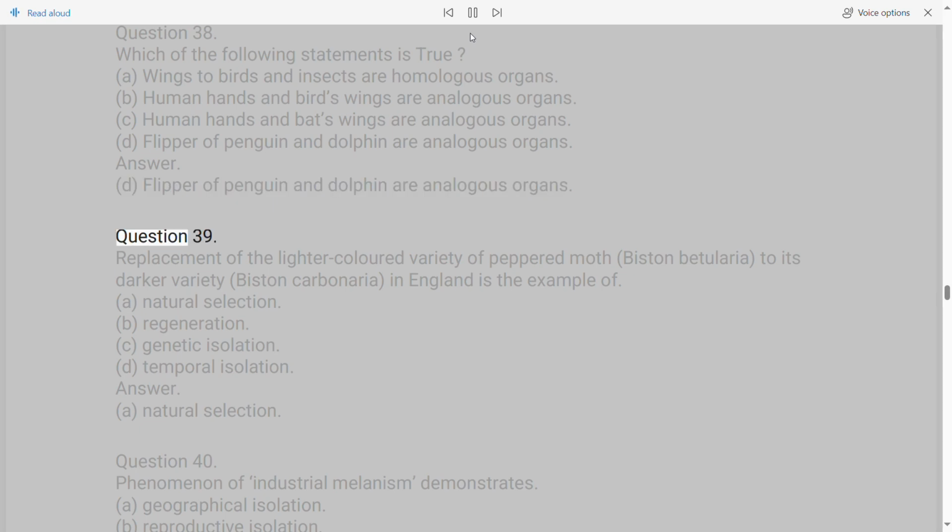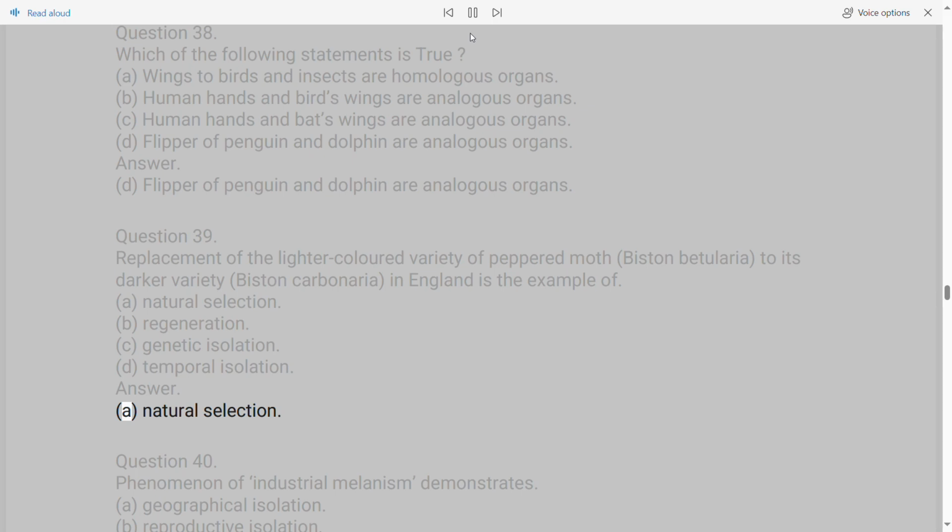Question 39. Replacement of the lighter-colored variety of peppered moth, Biston betularia, by its darker variety, Biston carbonaria, in England is the example of A. Natural selection. B. Regeneration. C. Genetic isolation. D. Temporal isolation. Answer.